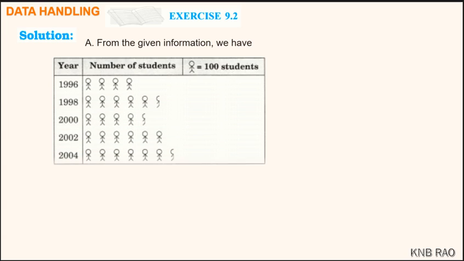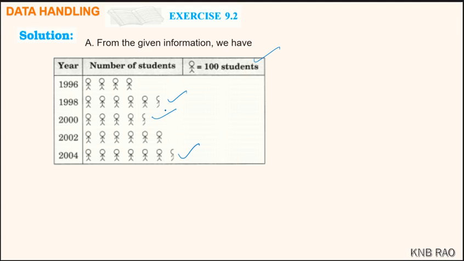Now, coming to sub question A, from the given information we have this pictograph drawn where the symbol represents 100 students. The incomplete symbols in 1998, 2000 and 2004 do not tell the exact figure. We can say 500 and maybe somewhere around 50, but we cannot exactly say 535 because that symbol is not giving the exact picture.